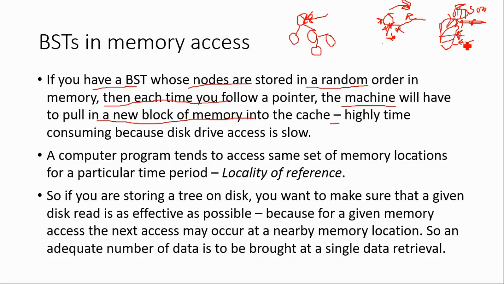As we have seen, secondary memory access takes a lot of time. This is a big drawback, because the secondary memory access time is in terms of milliseconds, say 1 ms or 2 ms. But processors have become highly fast.